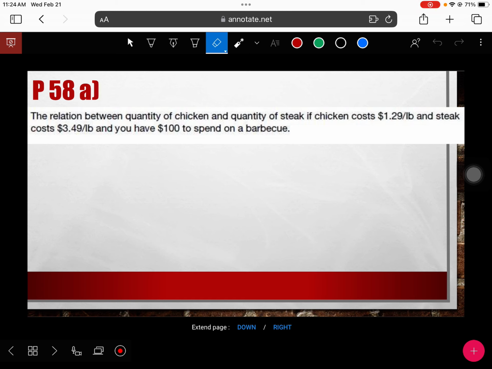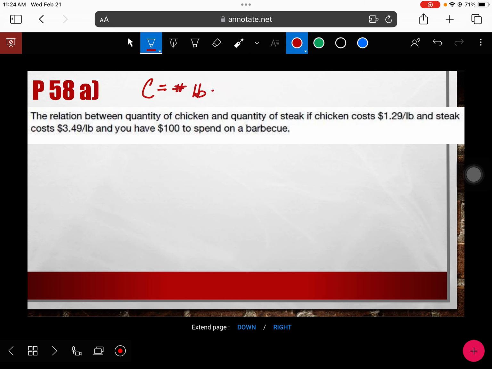What would be some good variables to use, perhaps? C and S. I love it. C is for what? What about the chicken? Yeah, the number of pounds or the amount, okay?